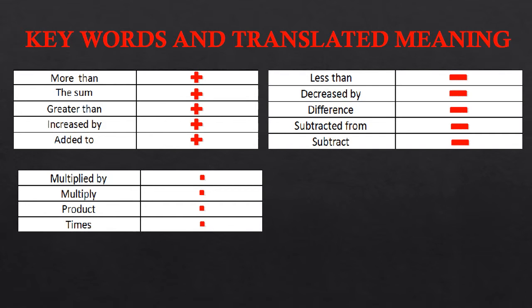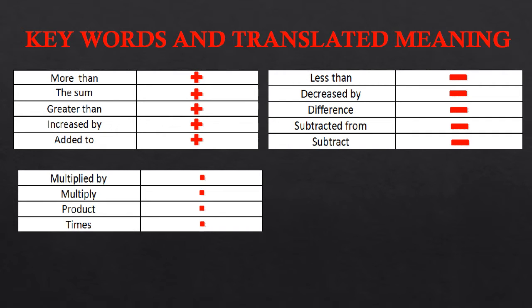Subtract means to subtract. Multiply by means to multiply. Multiply means to multiply. Product means to multiply. Times means to multiply. We use the dot to represent multiplication. We no longer use the x, so to speak, because often people confuse the x symbol with the variable x.